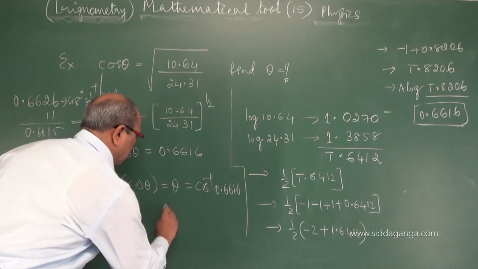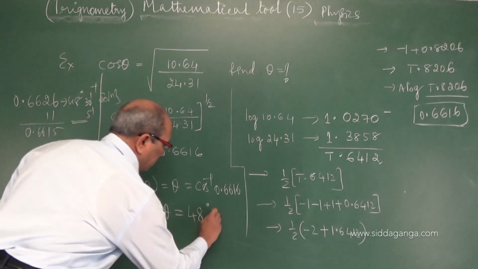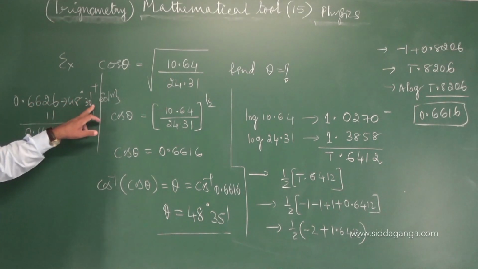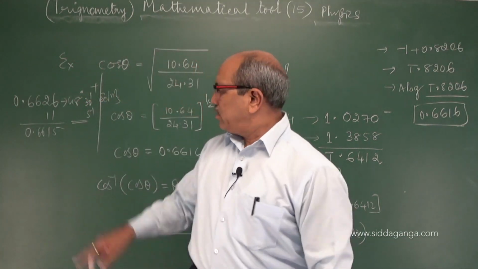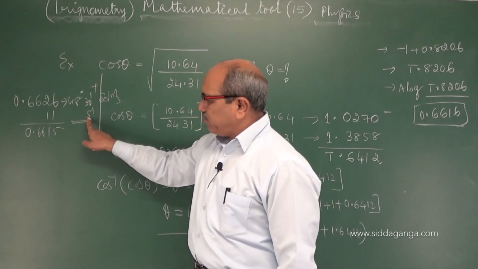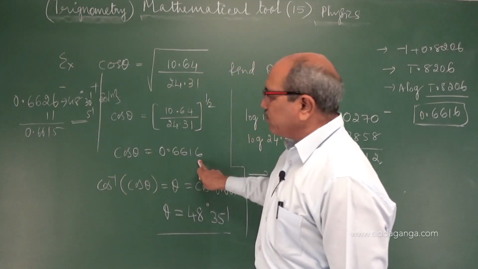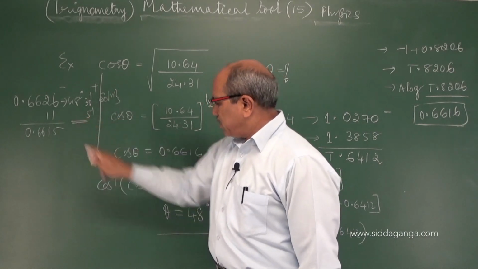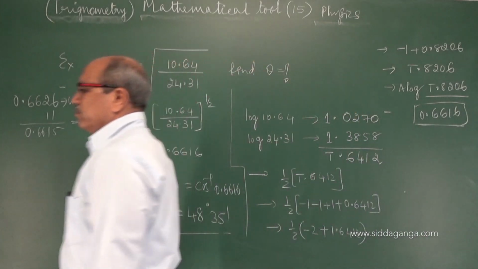Therefore, the answer become theta equal to 48 degree 35 minutes. So if you search 6626 is available in the log table for 48 degree 30 minute, and 11 is available in the mean difference, but subtraction you have to do in case of cos function to get the required value, not very nearly 5 6, almost 5 minutes, but this is to be added. Therefore, the answer become 48 degree 35 minutes.